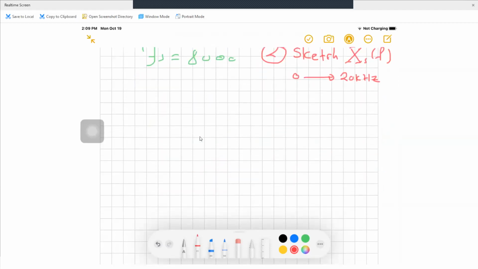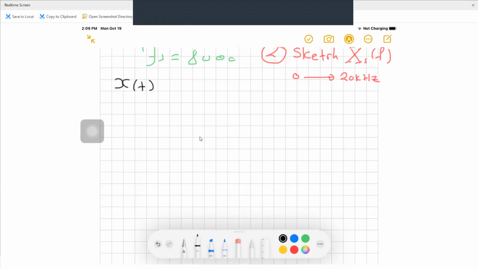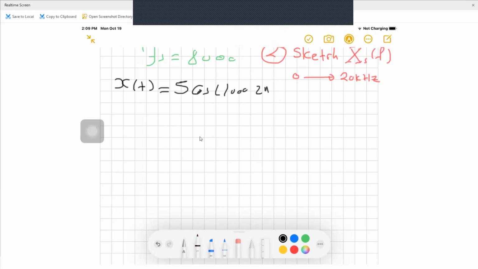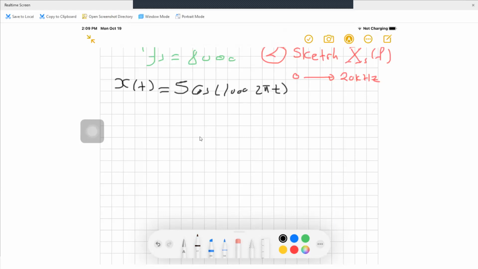Now, how are we going to sketch the double-sided spectrum for the cosine signal? Well, x of t is defined by 5 cosine 1000 2 pi t. I'm going to apply the Euler identity. As you know, Euler identity will expand the cosine signal into 2 exponential components.